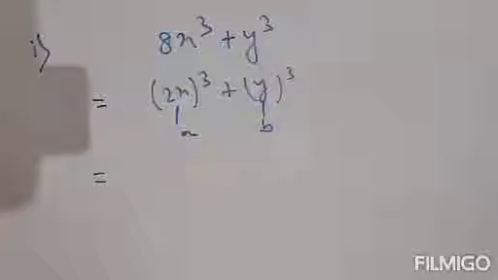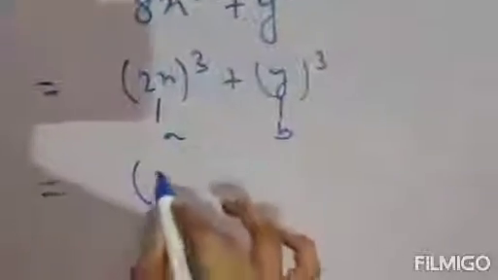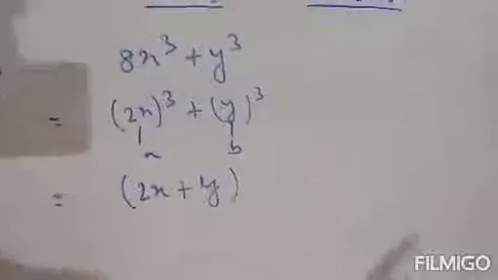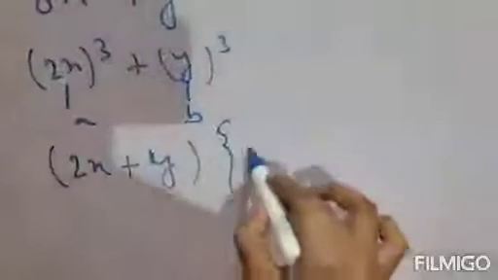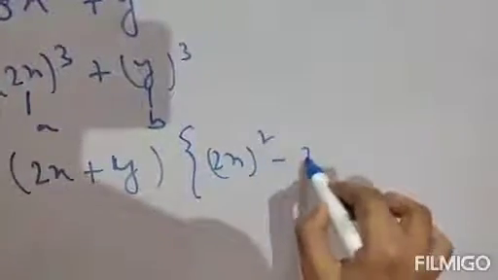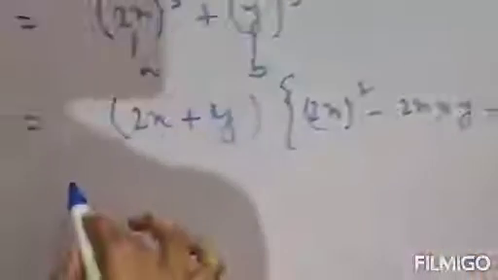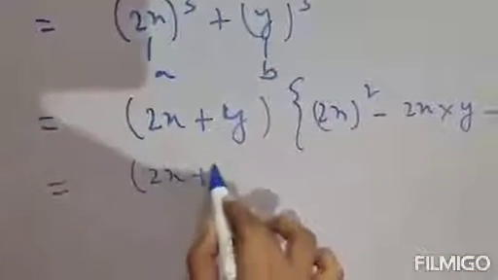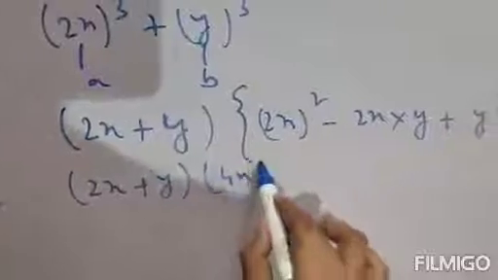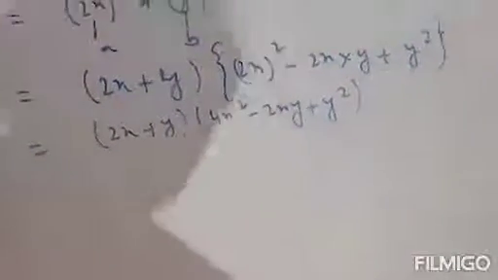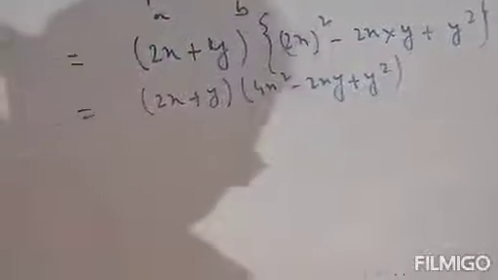The formula is (a plus b)(a square minus ab plus b square), where a is your 2x and b is your y. That means (2x plus y)(4x square minus 2xy plus y square).